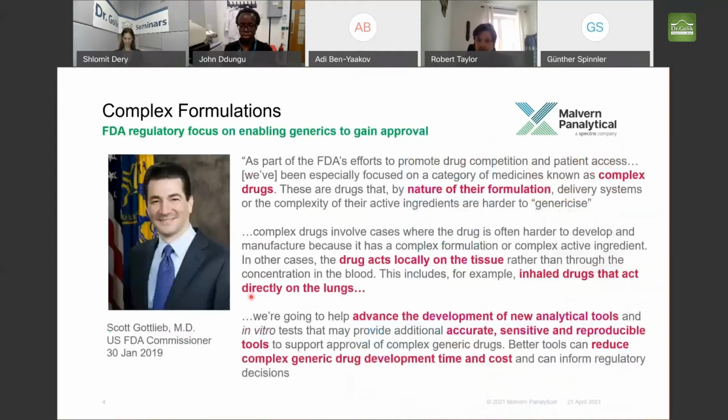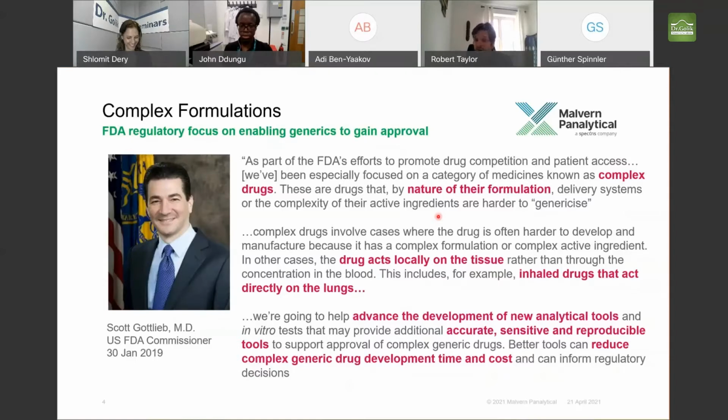All right, and then these are some comments from the US FDA. This is something that the former commissioner, Scott Gottlieb, mentioned when he left back in 2019. He comments on the same kind of things, really. These things are complex, and due to the nature of their formulation, they are hard to understand or to measure their performance, and therefore hard to copy.